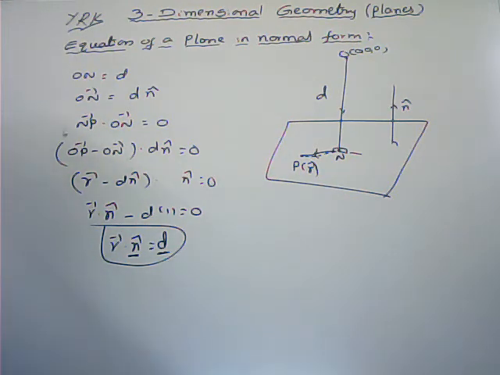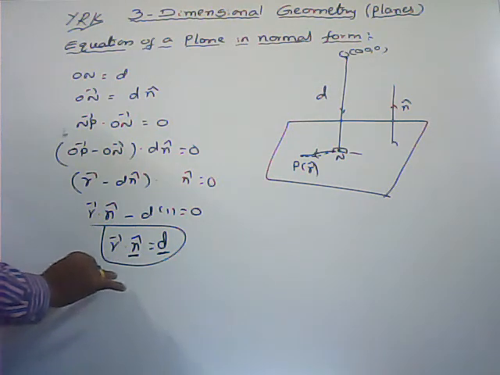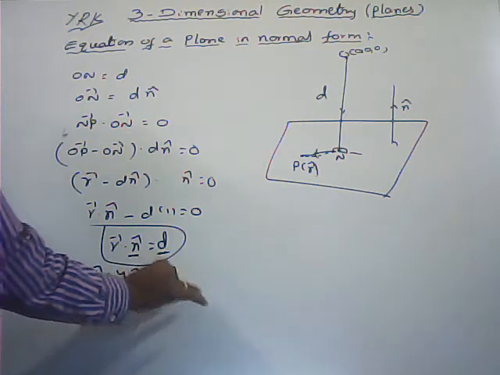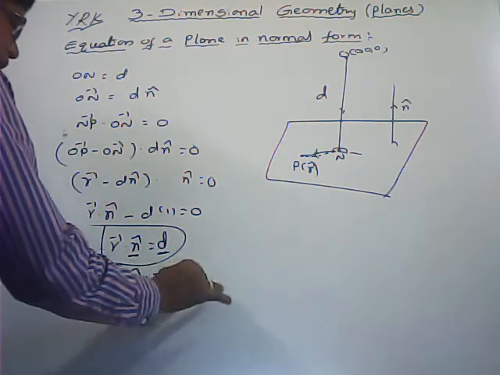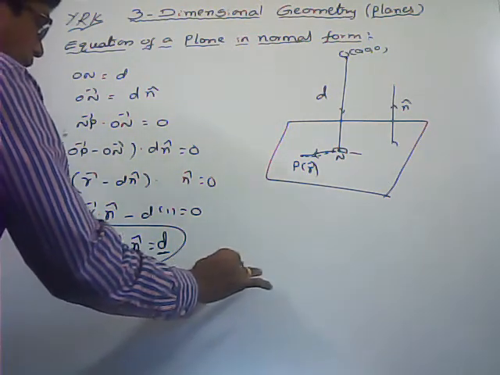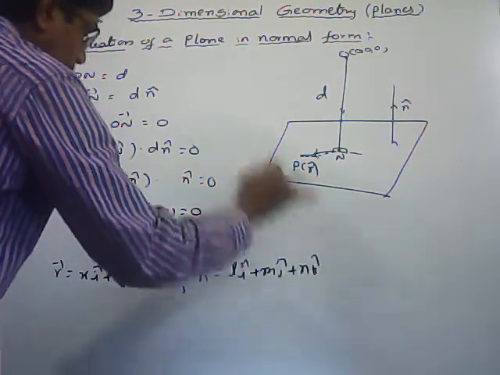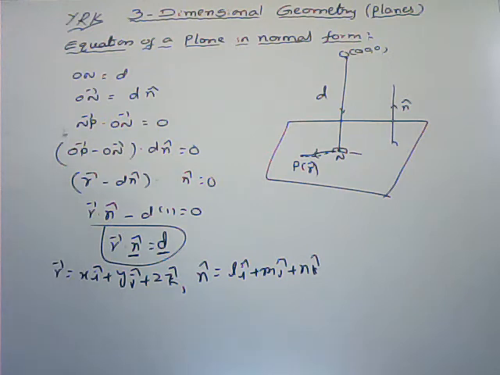To get the Cartesian form, let R bar be equal to x i cap plus y j cap plus z k cap, and n cap equal to l i cap plus m j cap plus n k cap. Here n cap is the unit vector, so the root of l square plus m square plus n square is equal to 1.